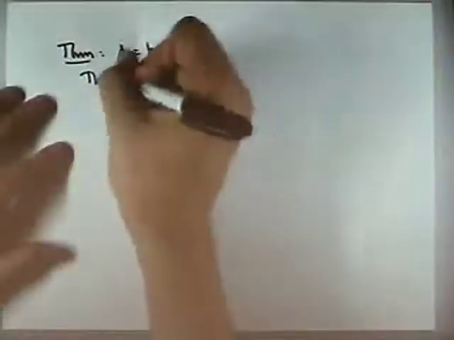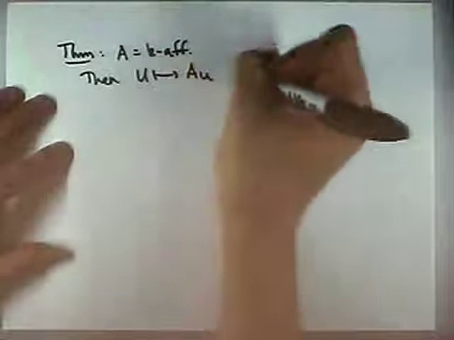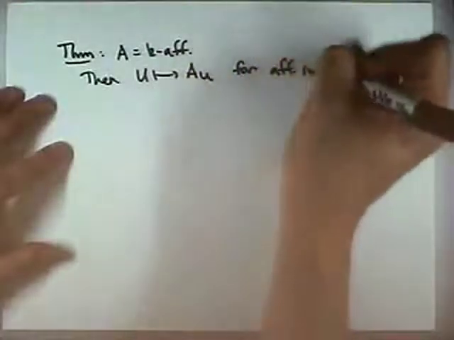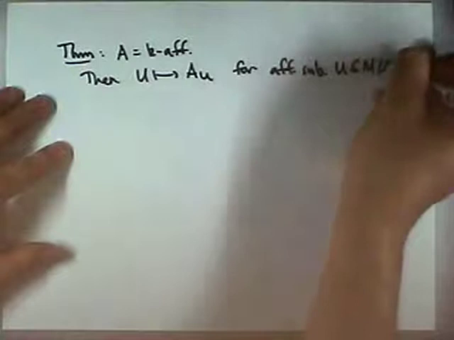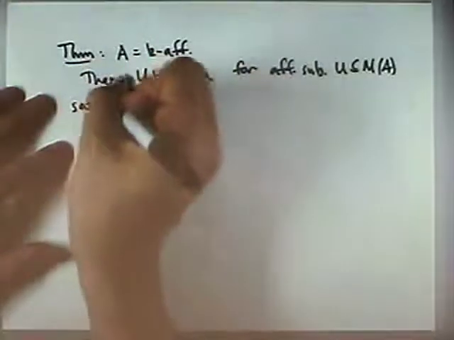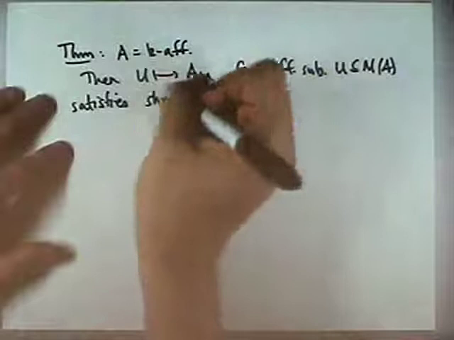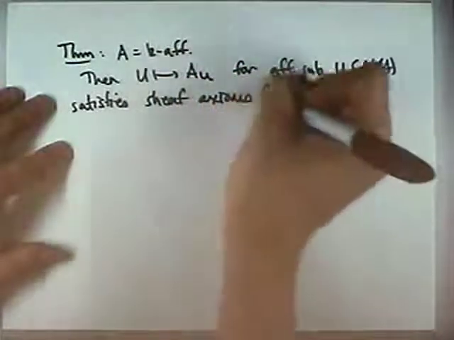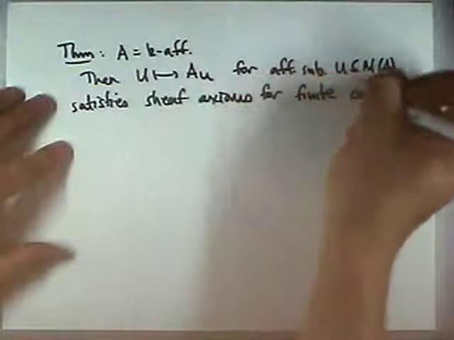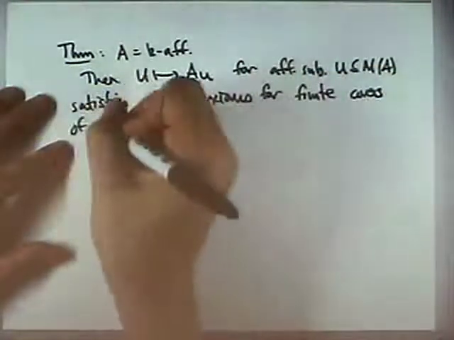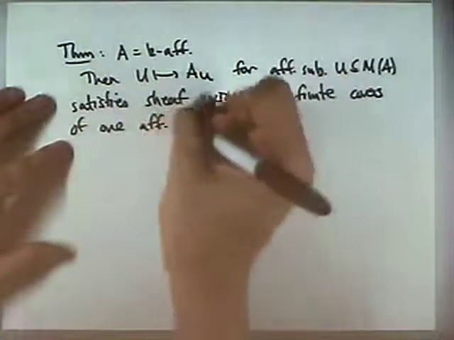Okay, so that's the notion of the Tate topology, and the fundamental theorem that gets the whole subject off the ground is the so-called Tate acyclicity theorem, which says the following: if A is k-affinoid, then the assignment U goes to A_U for affinoid subdomains U in M(A) satisfies the sheaf axioms for finite covers of one affinoid by others.